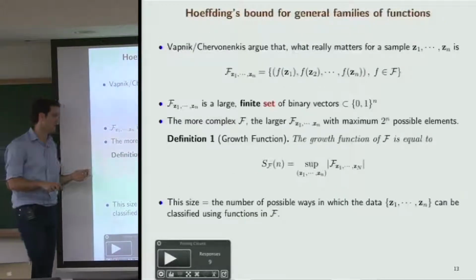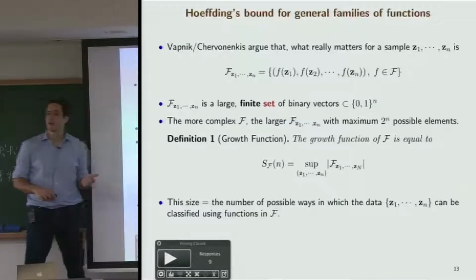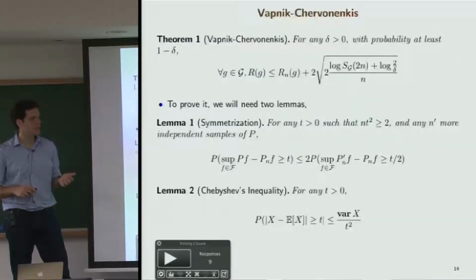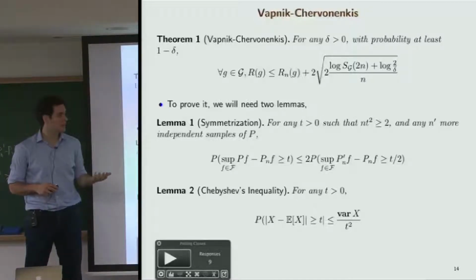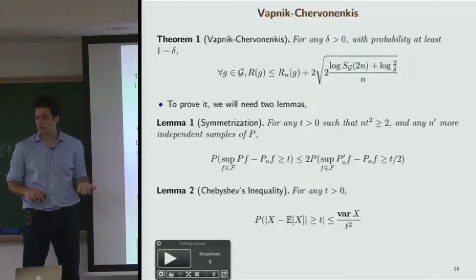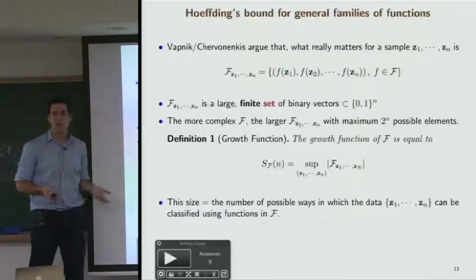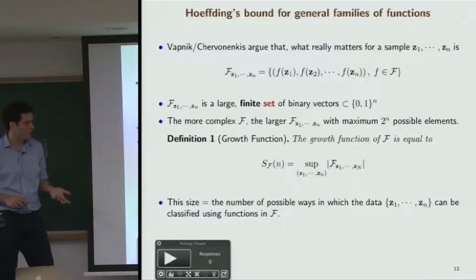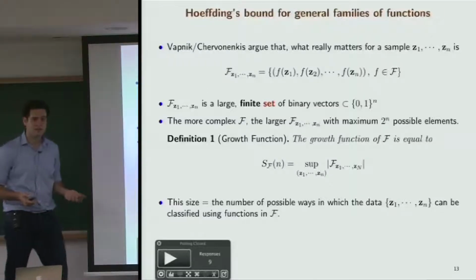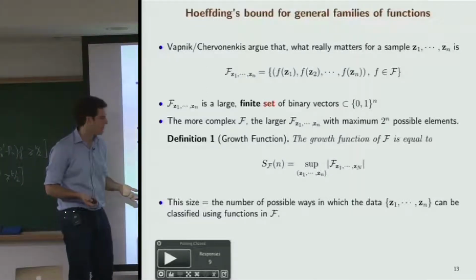But if you can compute this function, then you can come up with a bound which is uniform and works for the whole function class. But the problem is how do you compute this growth function? It is very difficult to compute. It's the supremum over all possible observations of the number of ways you can classify data using the function class you're considering.